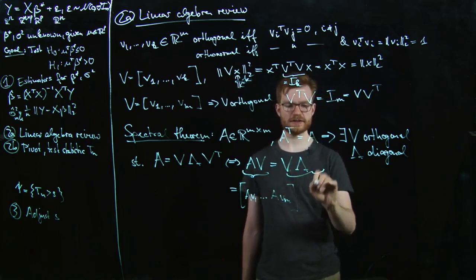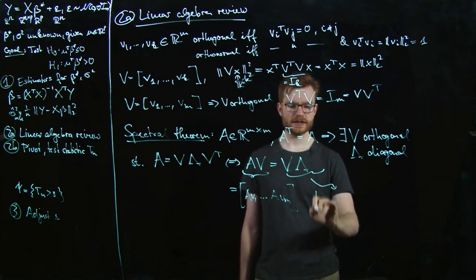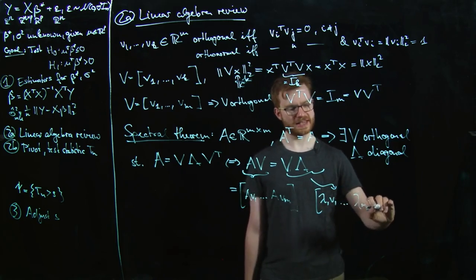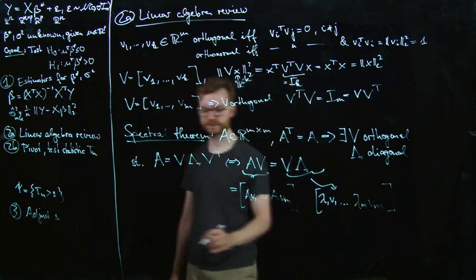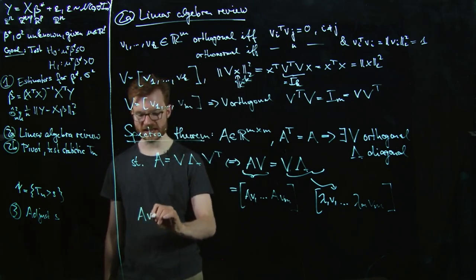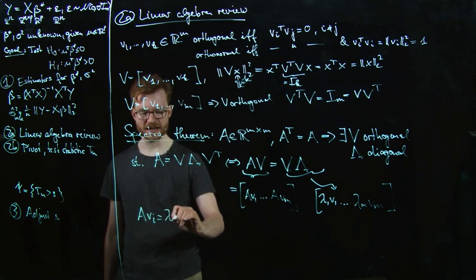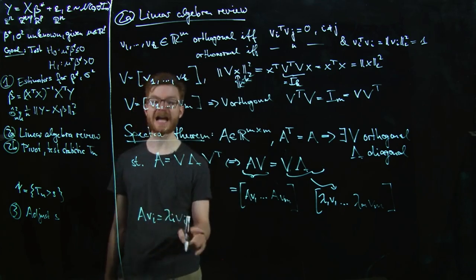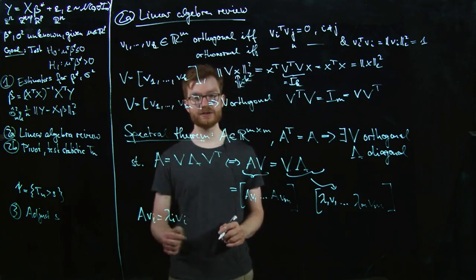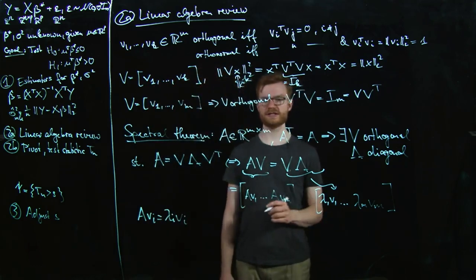So this thing here is lambda 1 v1, up to lambda m vm. So in other words, A vi is equal to lambda i vi, and this is what we call an eigenvector. And lambda i is the associated eigenvalue of the matrix.